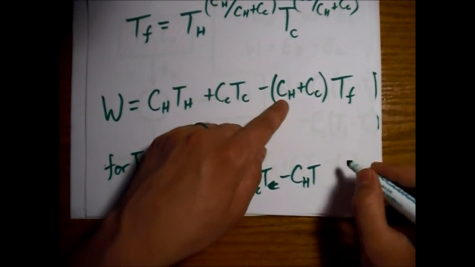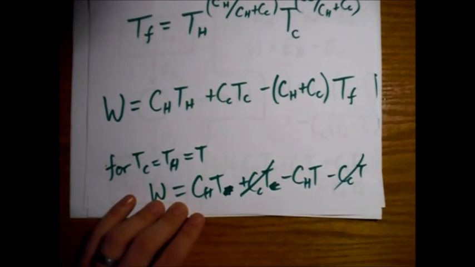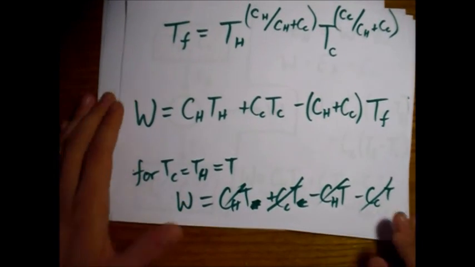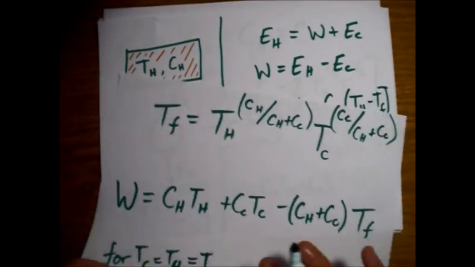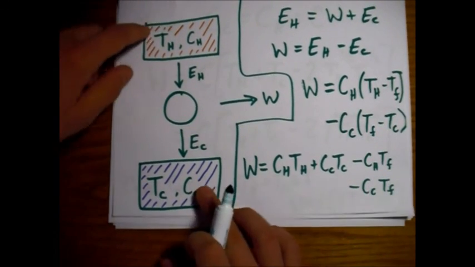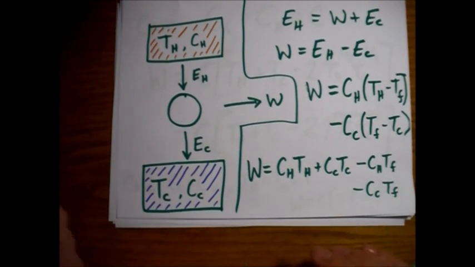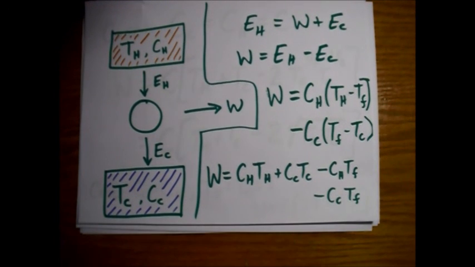Getting sloppy here. C_H T minus C_C T. All right, so this and this will cancel, this and this will cancel, and again, we will not get any work from any system where the two reservoirs are at the same temperature, which is obvious, but good to just as a way to check our answer to see if it's reasonable.